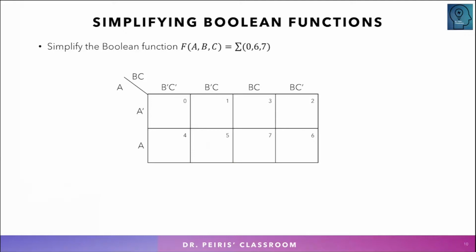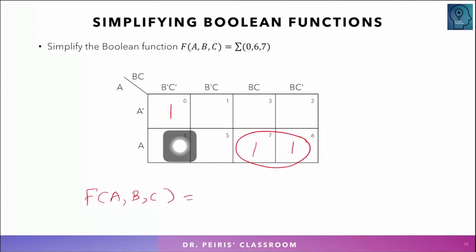Another one, 0, 6, 7. In this case we can combine these two. That corresponds to row A, and the common variable is B. AB. Now what do we do for this one?